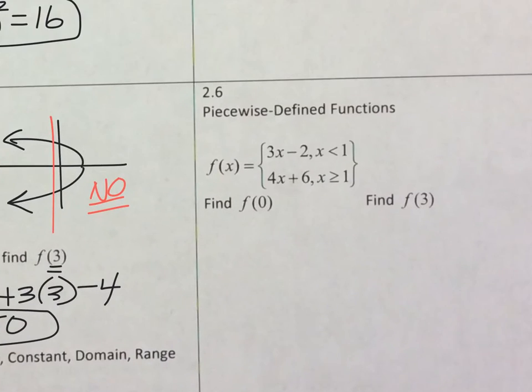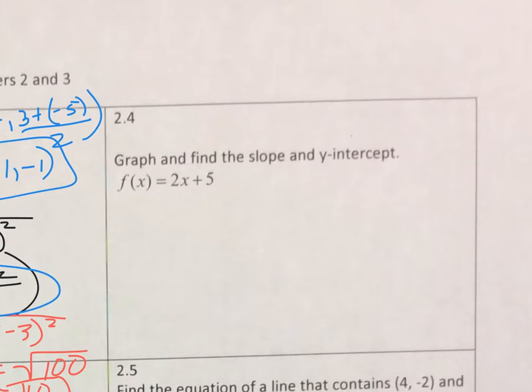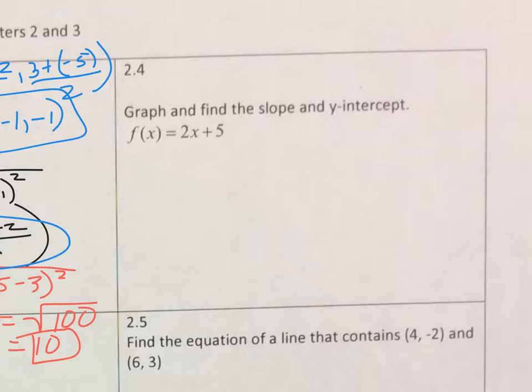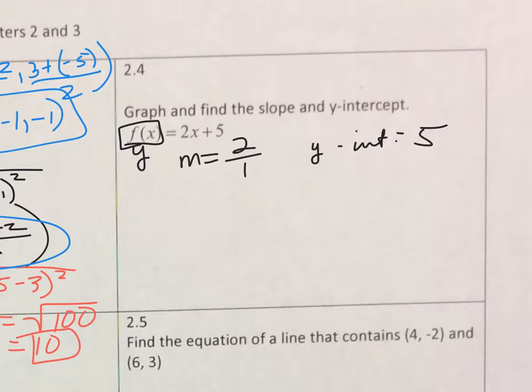Alright, moving along here. Chapter 2, Section 4. Graph and find the slope and the y-intercept. We know that when the equation is solved for y and f of x means y, that we're in slope-intercept form, and the slope is the number multiplied by the x, in this case 2, or 2 over 1, and the y-intercept is the constant, so in this case 5.